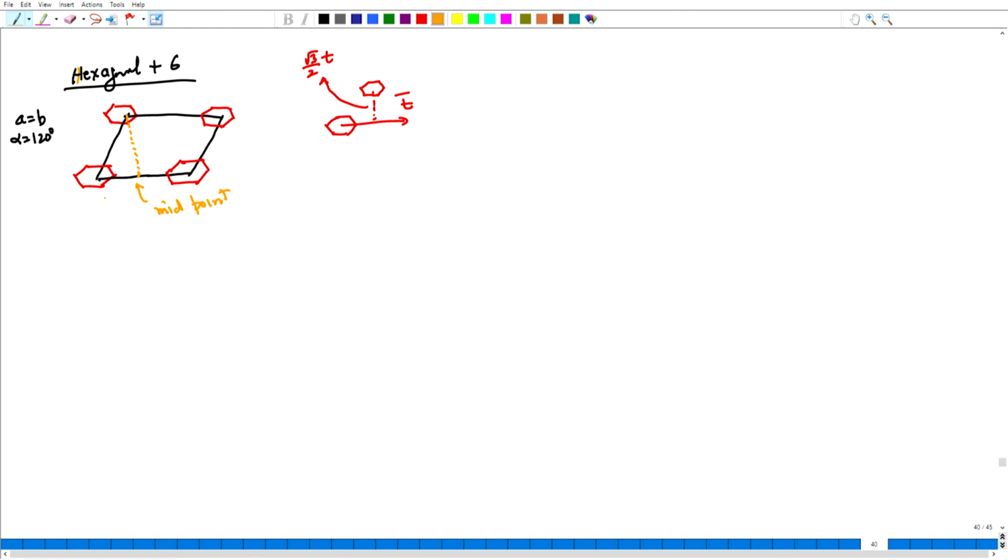So, we start out with this translation, then on the perpendicular bisector, the second six-fold rotational symmetry should appear, and this distance itself is actually root 3 upon 2 times t. Therefore, the second symmetry simply overlaps with the first one. So, no new 6-fold is created.